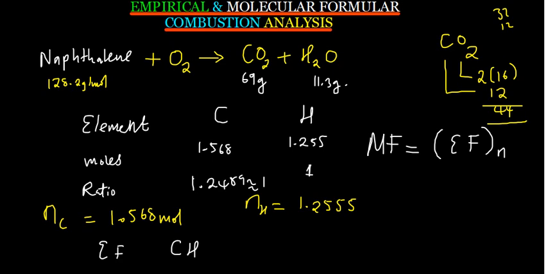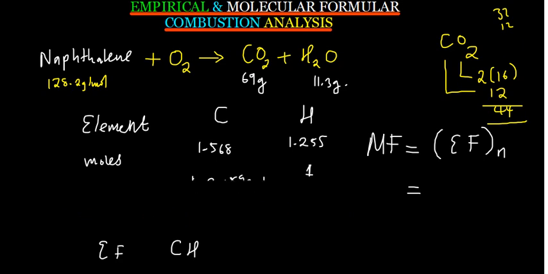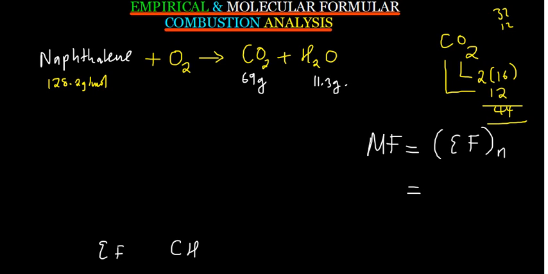So the molecular formula is given by empirical formula multiplied by n. Now this n is the value that we need to determine. And you can't determine n if you don't know the empirical formula. So n is given by molecular formula mass divided by empirical formula mass.